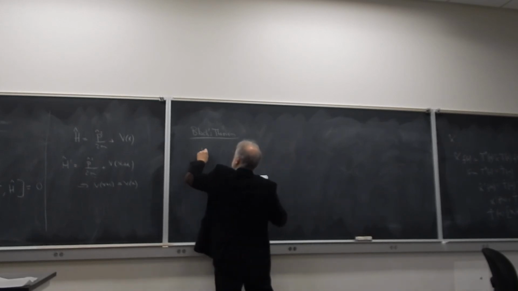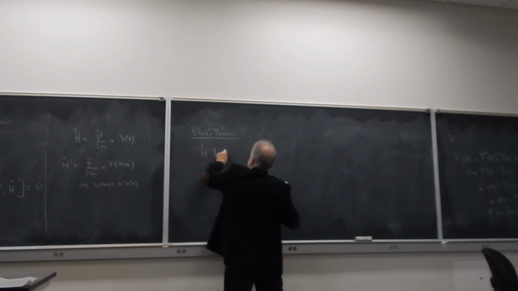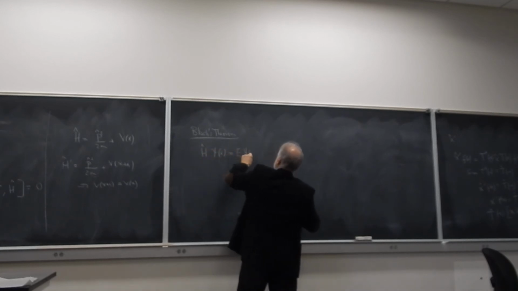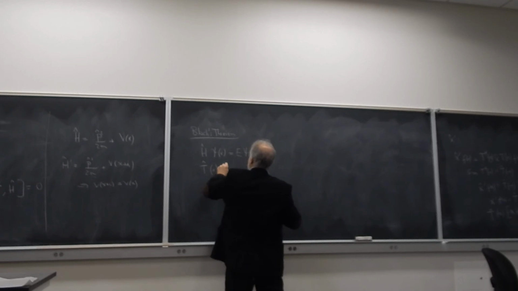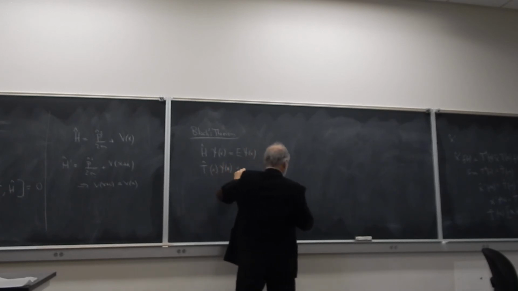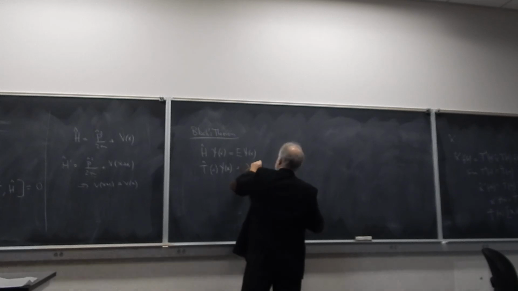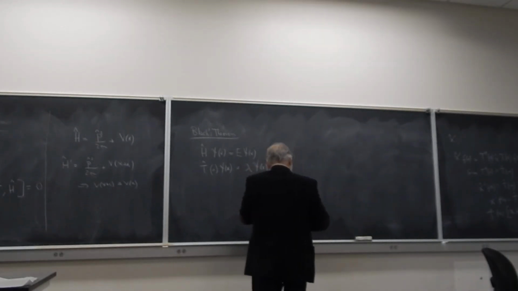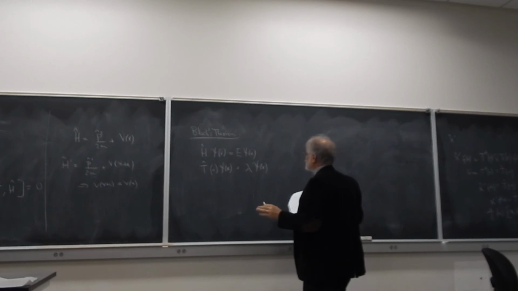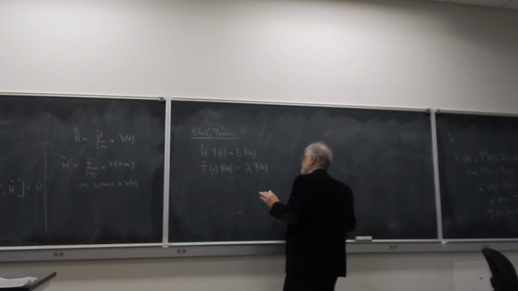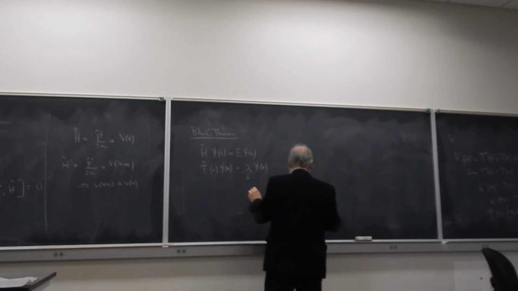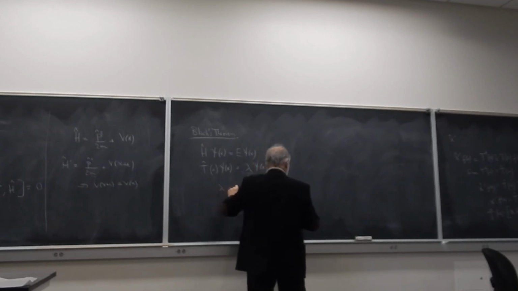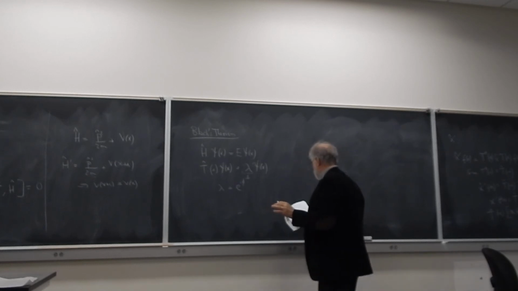In other words, if H applied to psi of x gives me E psi of x, then my translation operator applied to psi of x would give me some eigenvalue lambda psi of x. But since T is unitary, its eigenvalues have magnitude 1. So lambda is going to be equal to 1 in magnitude, and so we're going to write lambda in general as e to the i phi, for any real number phi.